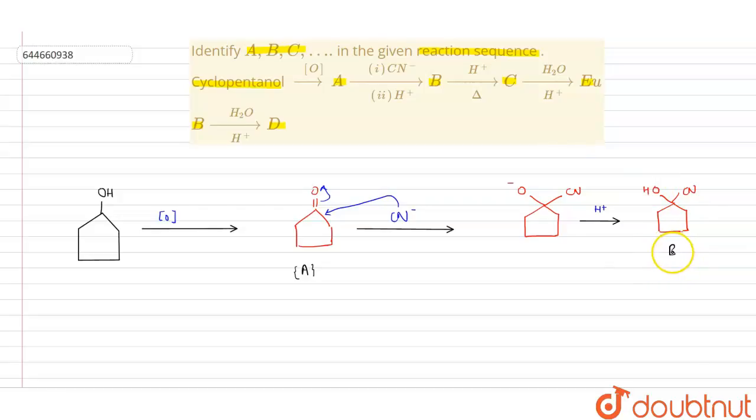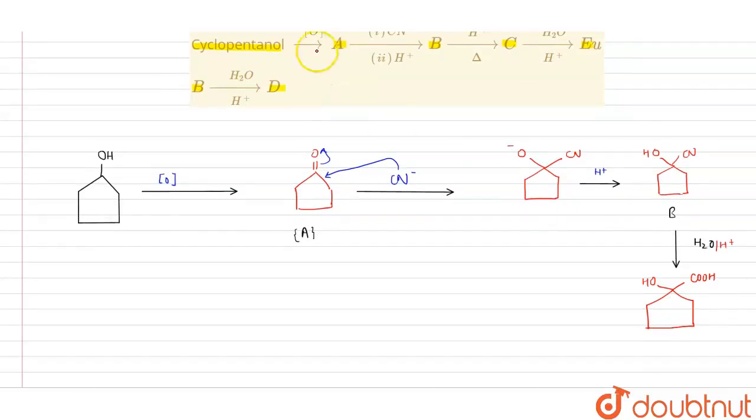Now again this B compound with H2O. So B compound with H2O forms the D compound. So after this compound reacts with H2O, H2O as well as H plus over here, this compound looks like here the 5 carbon chain, and from this here a COOH group, and there is an OH group as well.